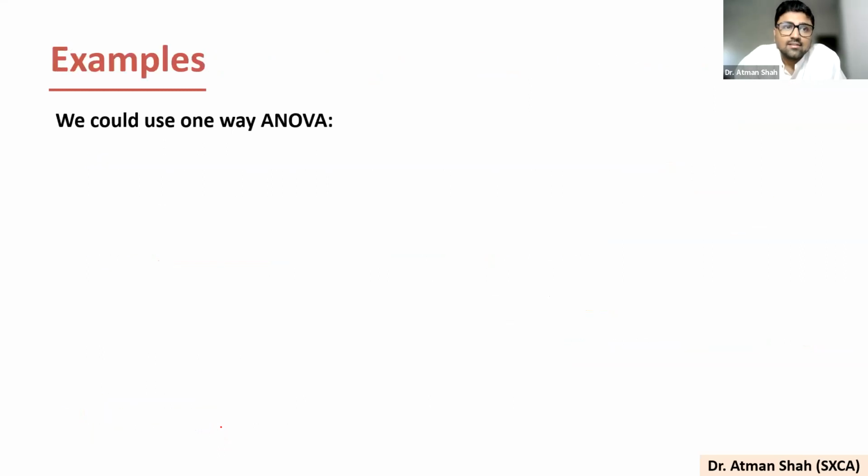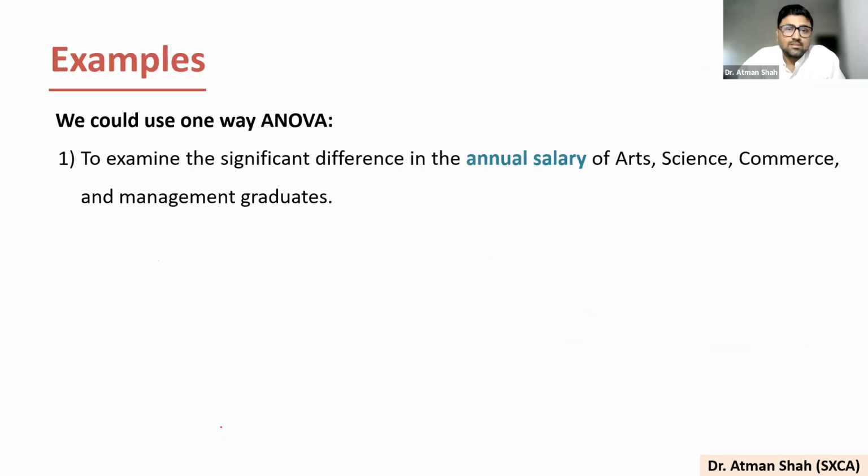Let's understand one-way ANOVA with the help of examples. Examine the significant difference in the annual salary of arts, science, commerce, and management graduates. So here annual salary is our dependent variable, and it must be normally distributed.